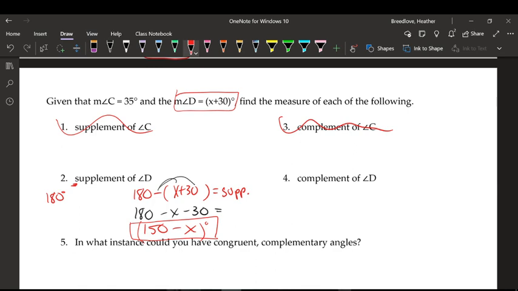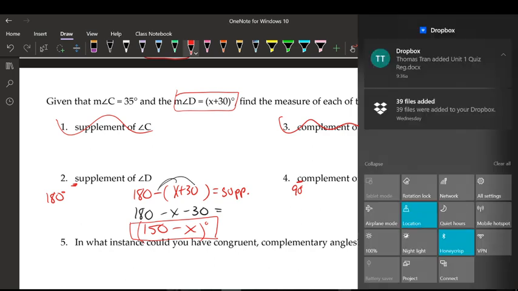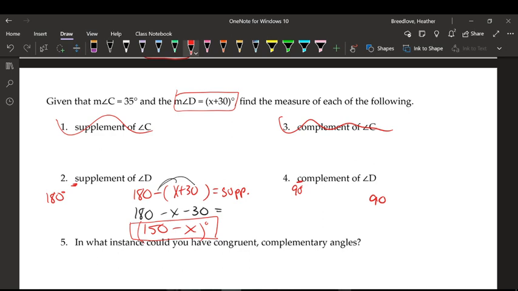And then we're going to do the same thing for the complement of angle D. Complement of angle D, complement, corner, 90 degrees. Okay, so that tells me I'm starting with 90. 90 minus something is going to give me the complement. And so what I'm going to do, I'm going to take that x plus 30, plug it in. And then do the same thing.